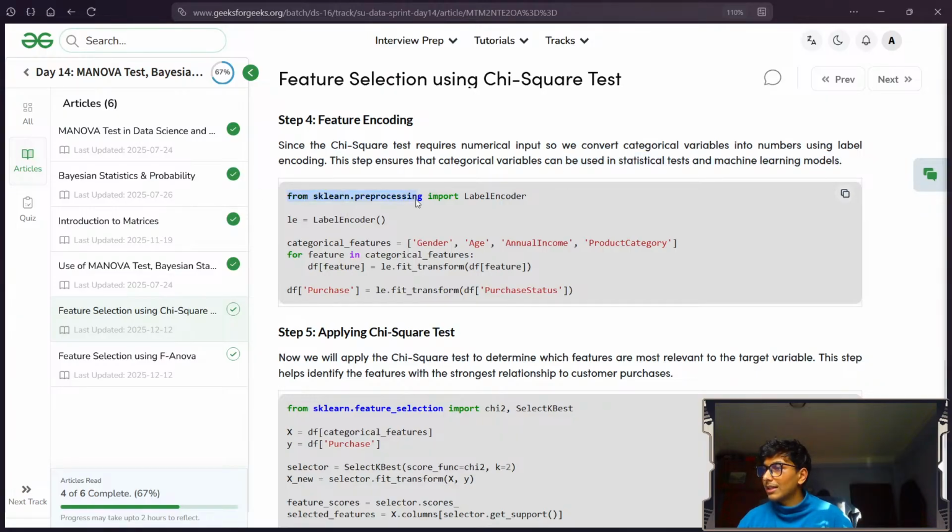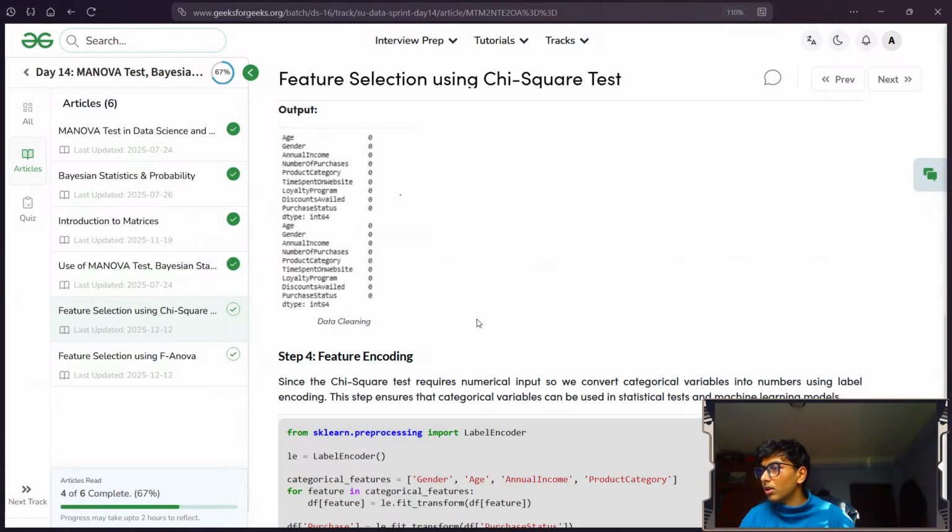So from sklearn.preprocessing, importing LabelEncoder, and le equals LabelEncoder(), and categorical features: gender, age, annual income, product category, which are these.